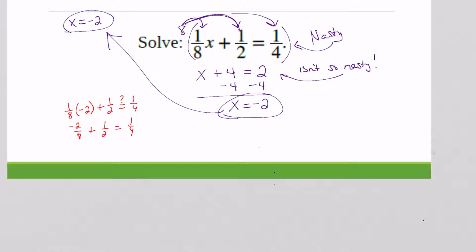And I could reduce the -2 over 8, or I could turn the 1/2 into something over 8. So I'm going to go ahead and turn that 1/2 into something over 8. -2/8 plus 4/8. Does that equal 1/4? -2 plus 4 is 2. Does that equal 1/4? Yep.